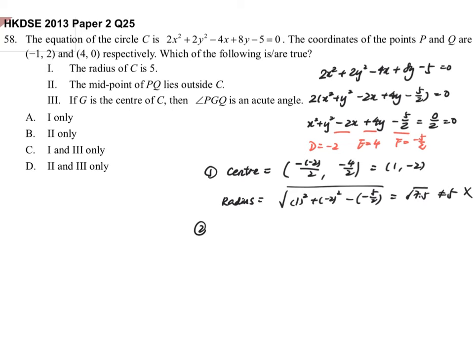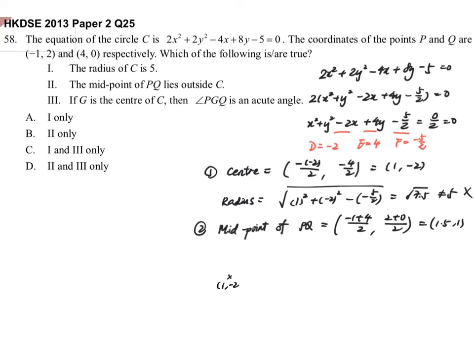Statement 2. We find the midpoint first. Then we compare the distance of the midpoint and the center with the radius. To find the midpoint, we add the 2 x coordinates divided by 2 and the 2 y coordinates divided by 2. We have minus 1 plus 4 divided by 2, 2 plus 0 divided by 2. We get 1.5 and 1.